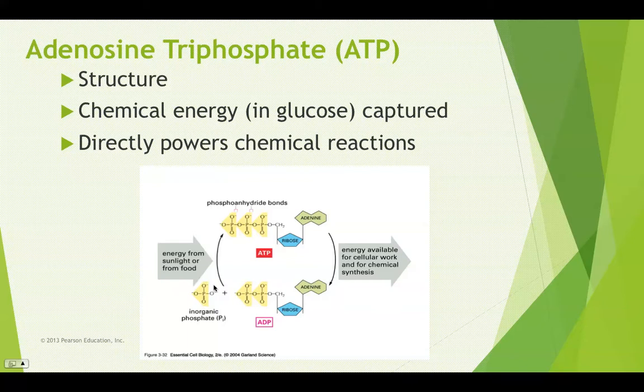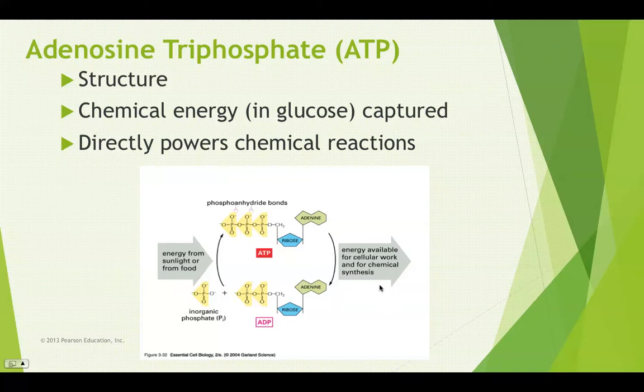So the energy from sunlight or from food, and obviously for sunlight this would be in plants, ADP plus inorganic phosphate can be joined together to make ATP. ATP will now be energy that's available for cellular work and chemical synthesis.